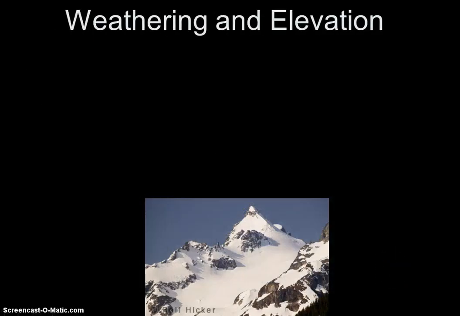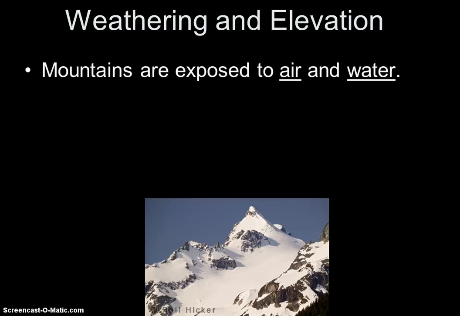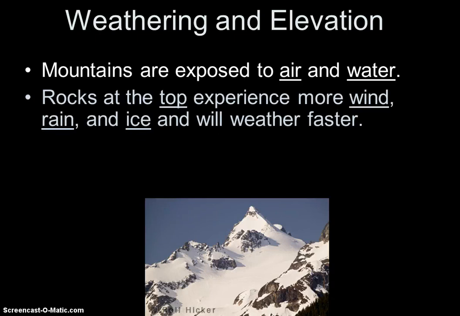Now weathering changes at elevation also. So you can see the very tall mountain there with the snow and the ice on it. Mountains are exposed to a lot of air. They have slopes and also a lot of water running down the side of the mountain. Rocks at the top experience more wind, rain, and ice and will weather faster.